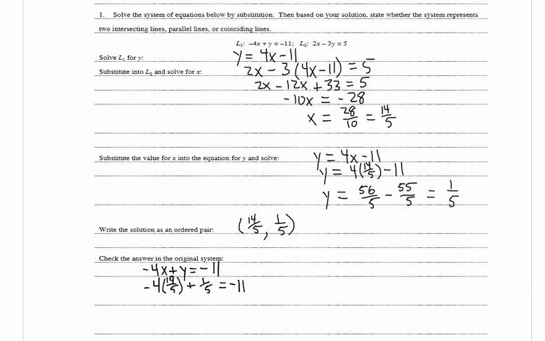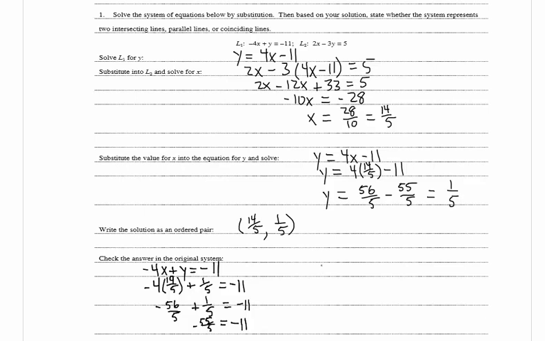Negative 4 times 14/5 is negative 56/5, plus 1/5 is equal to negative 11, and negative 56/5 plus 1/5 is negative 55/5, which is equal to negative 11.